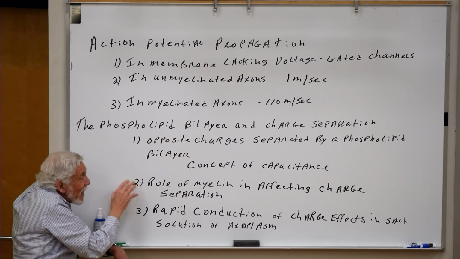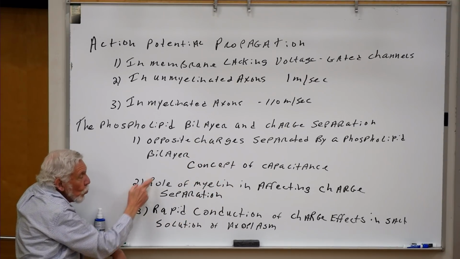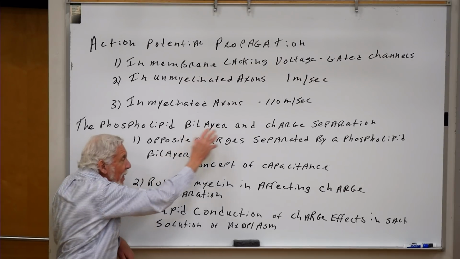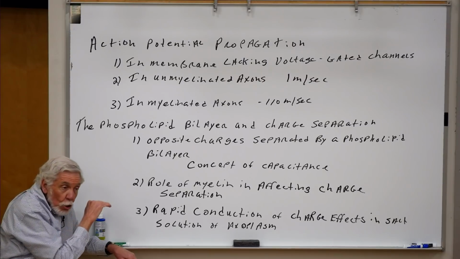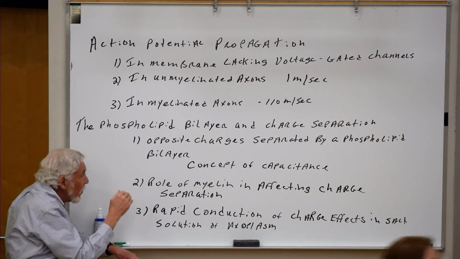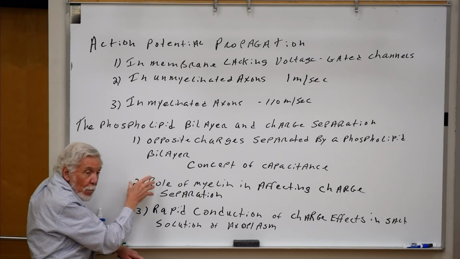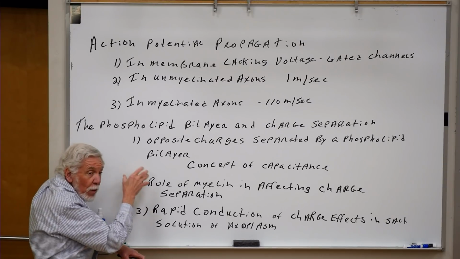We're going to see that one of the major effects of the myelin is to reduce the capacitance. And we're going to see that one of the complications of the capacitance is that because of all this charge stored along the inner membrane of the cell, because of this tremendous amount of charge, that charge has to be dissipated before we can get appreciable amounts of ions moving through the channels.